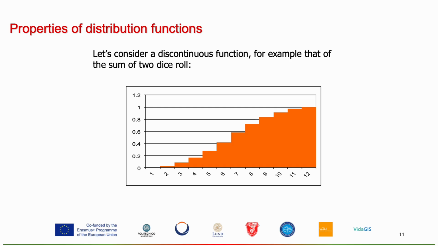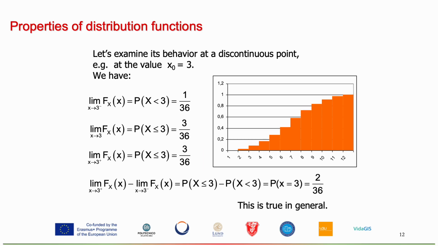In this case, again, the probability is the probability of x smaller or equal than 3, and it is again 3 over 36. So we have an important property. The limit of f of x that tends from the right minus the limit of f of x that tends from the left is the probability of x smaller or equal than 3 minus the probability of x smaller than 3. So it is exactly the probability of x equal 3, and it is 2 over 36, practically as expected.